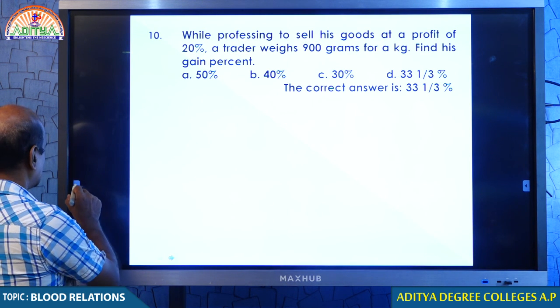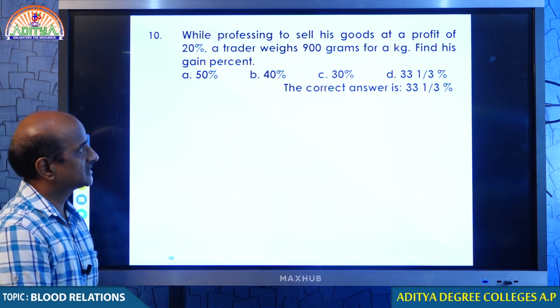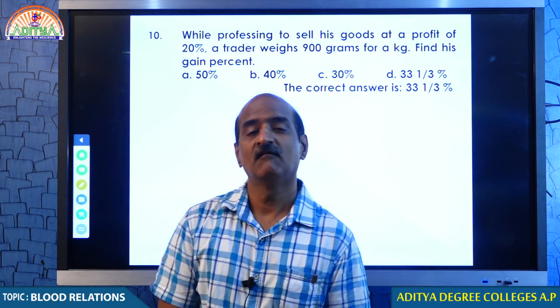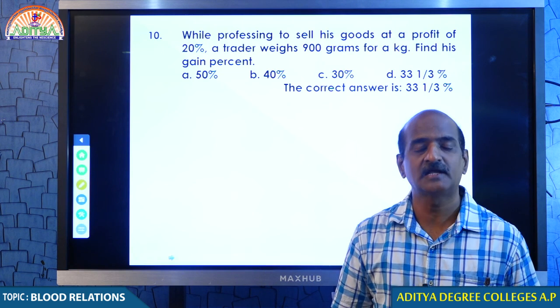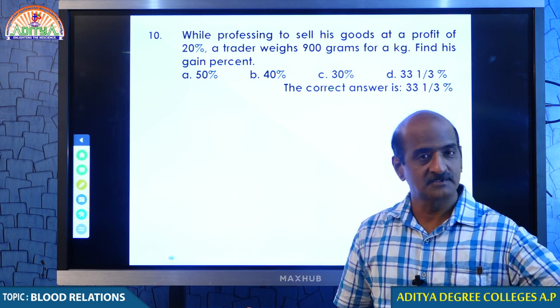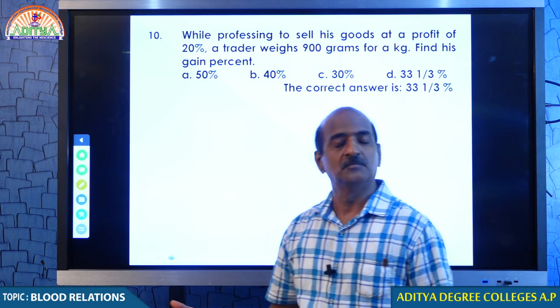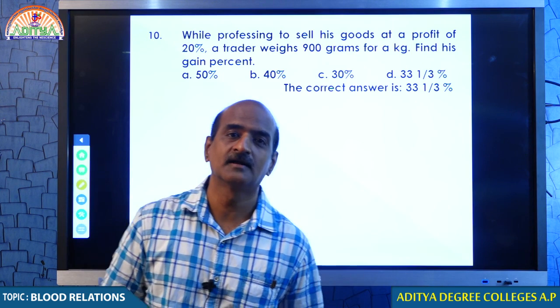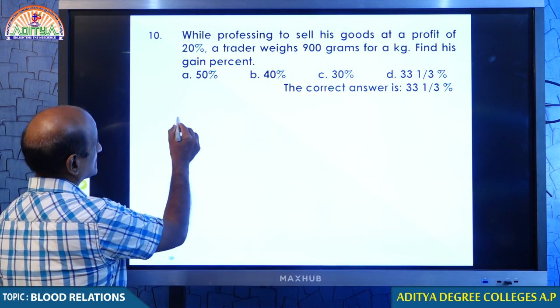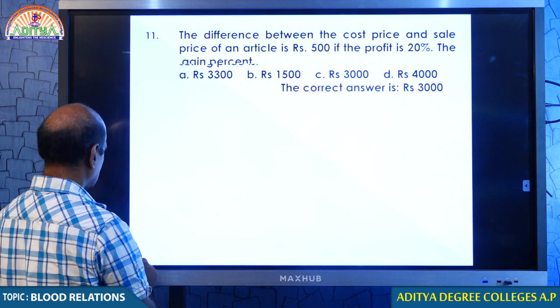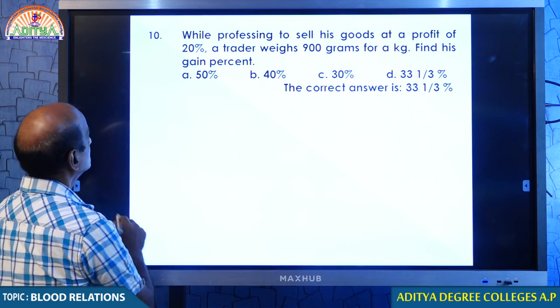Students, in question number 10, this trader is getting benefit in two ways. One is 20% more is definitely taken from the customer. He is never satisfied with that, but also he is giving 900 grams in place of a kg. Let me suppose I am the shopkeeper.